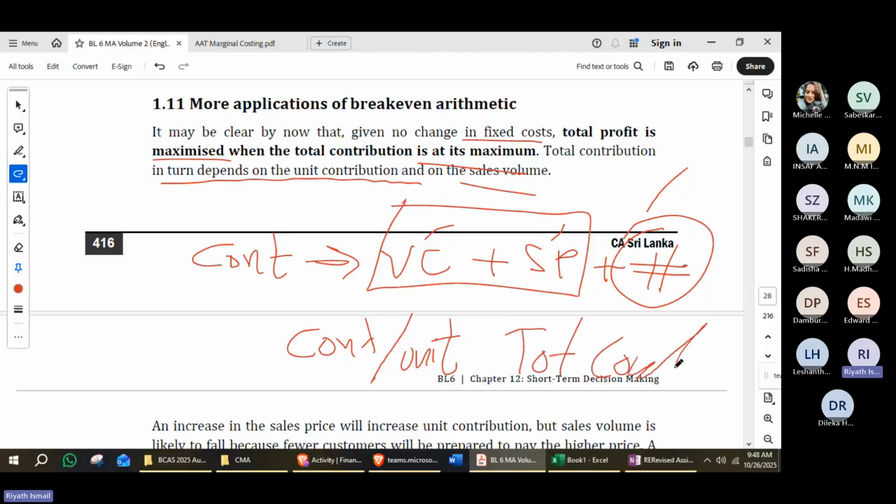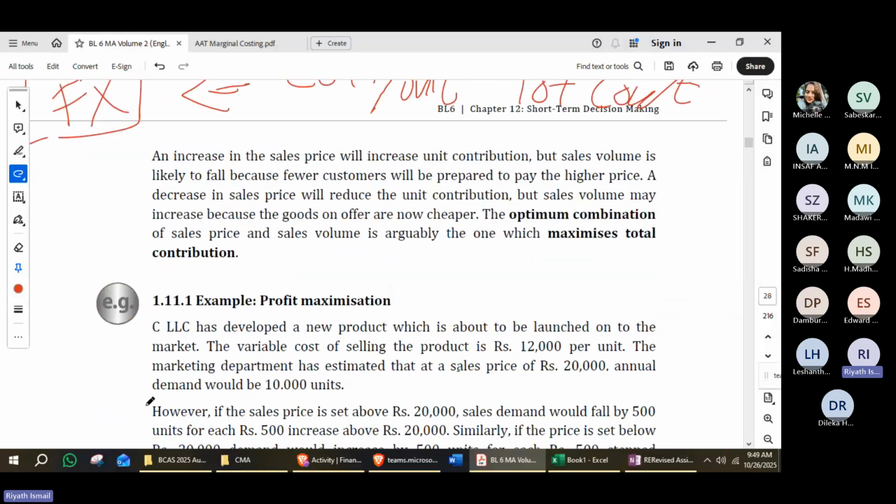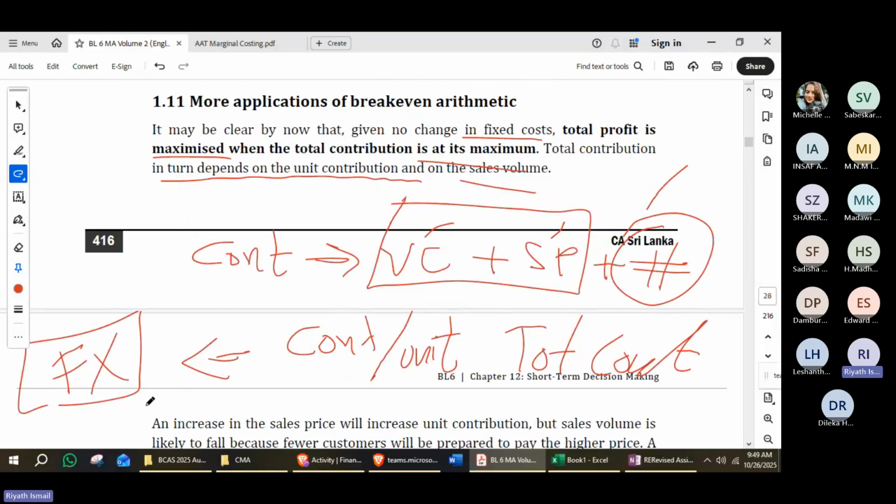Meanwhile, you have to consider that fixed cost has no change. Keeping that in mind, we'll see how companies make these kinds of decisions.